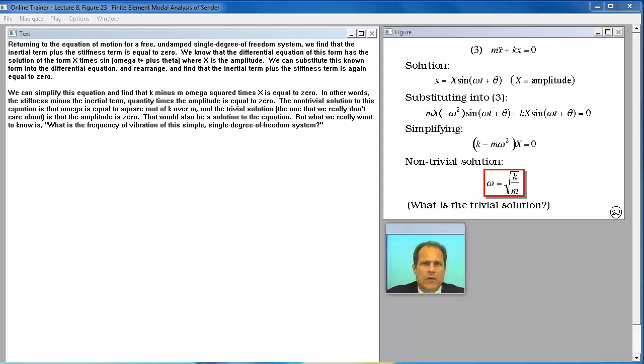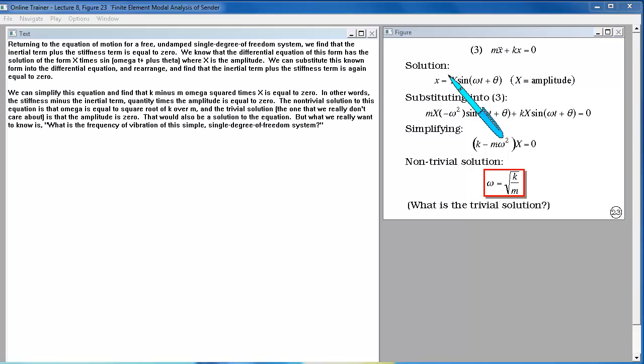Returning to the equation of motion for a free, undamped, single degree of freedom system, we find that the inertial term plus the stiffness term is equal to 0. We know that a differential equation of this form has a solution of the form x times sine omega t plus theta, where x is the amplitude.